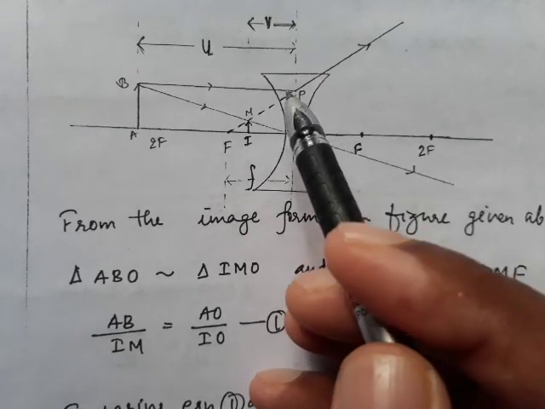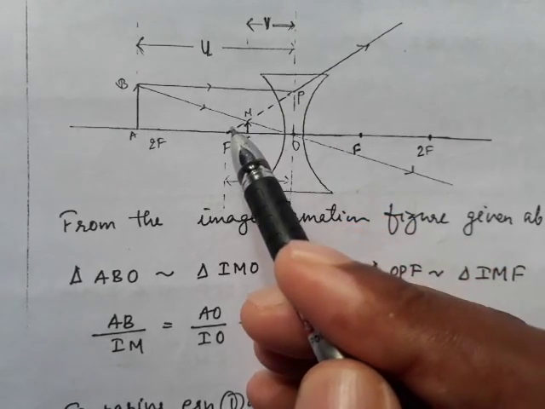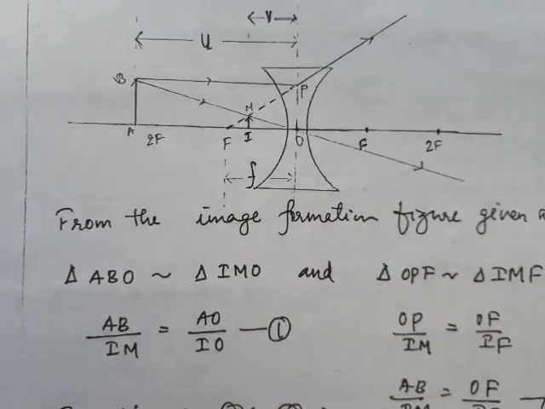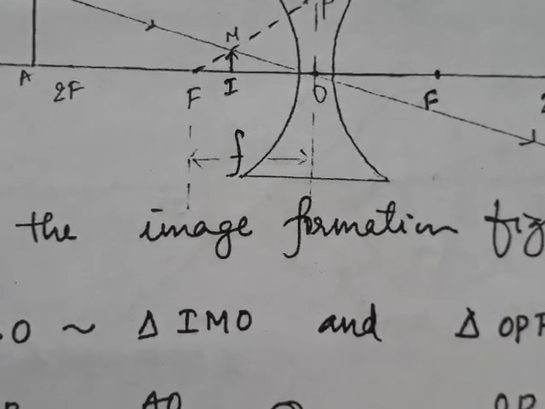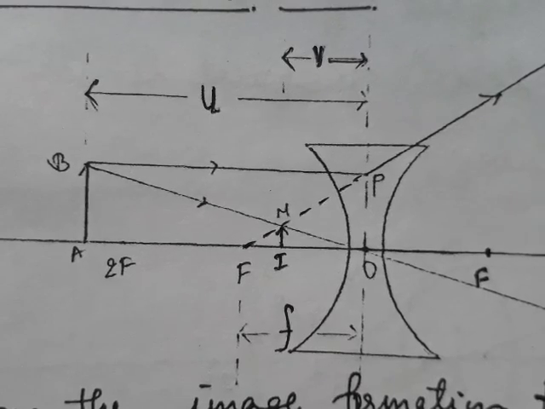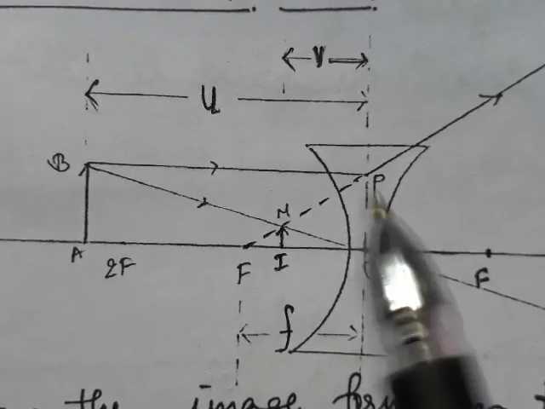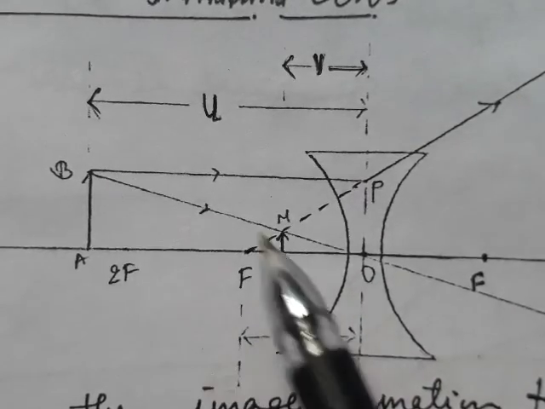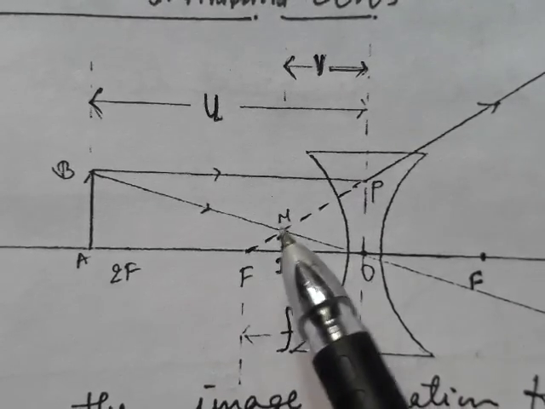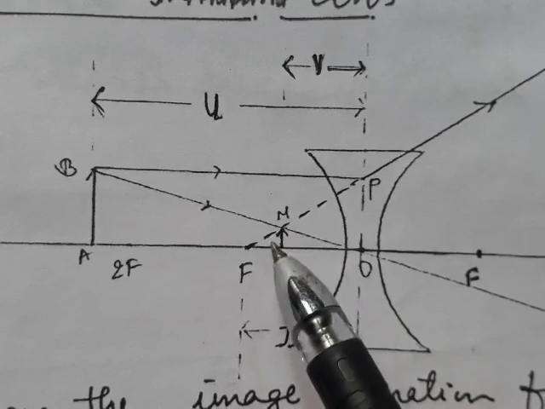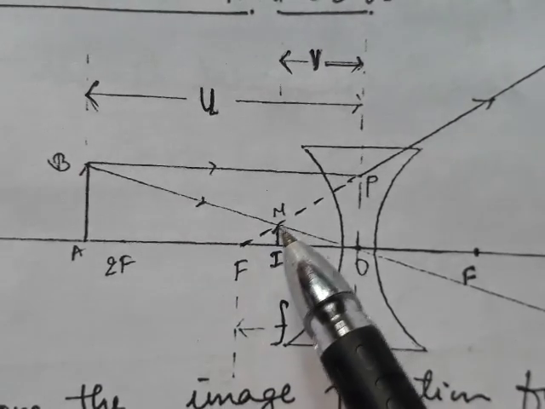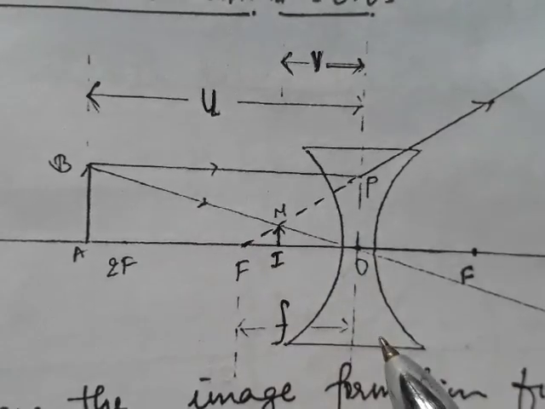These two rays do not meet, so we extend them and their meeting point comes here. So this is the place where the image is formed. You have already studied that in ray diagrams. One light ray diverges, the second passes through the optical center. Extend the diverged ray, that gives you the image. So AB is the object, IM is the image here also.